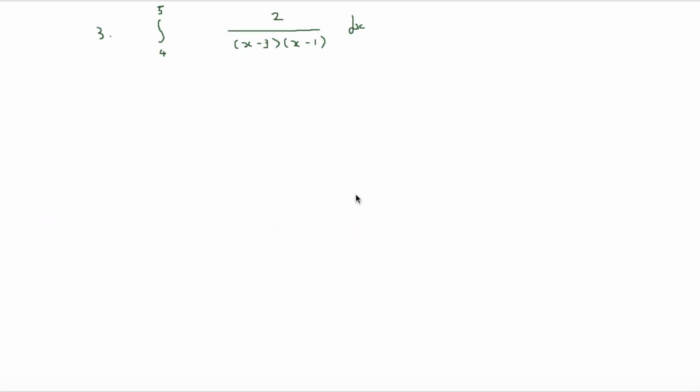So the final question that we're looking at today involves limits. But to start off, we're going to make this exactly the same as we have done in the previous questions and resolve it into partial fractions. So this time, we're going to say that this is going to be equal to a over x minus 3, then plus b over x minus 1.